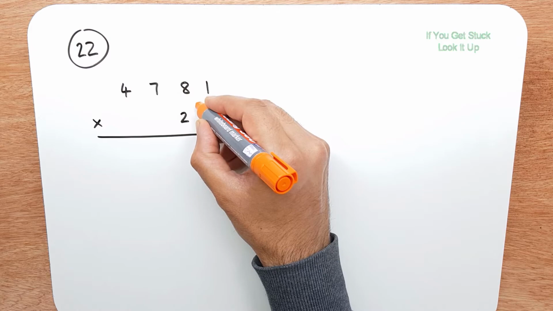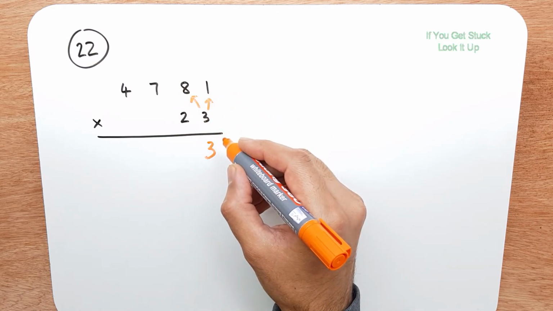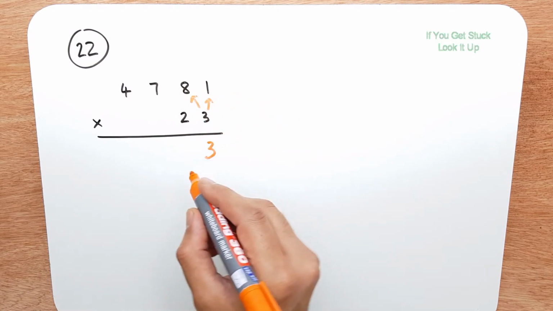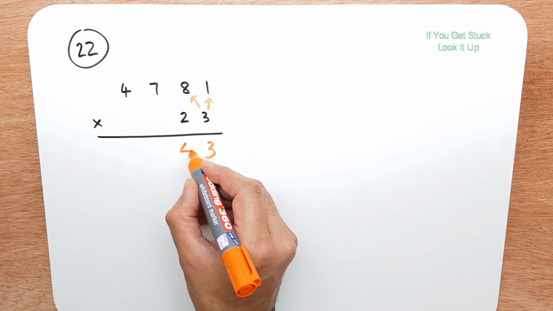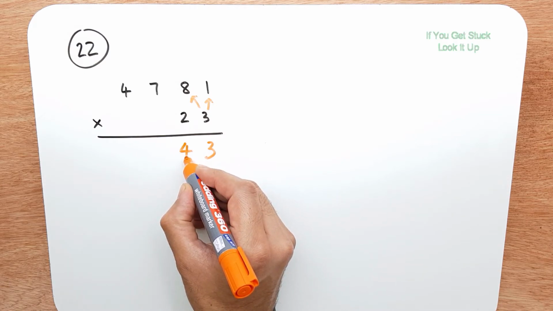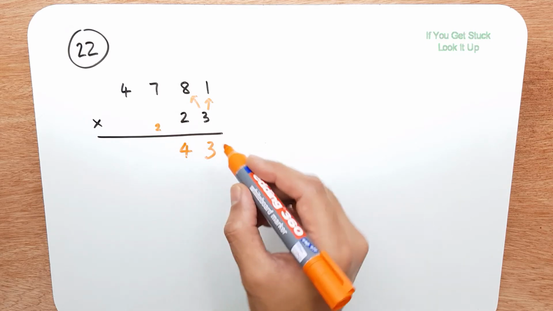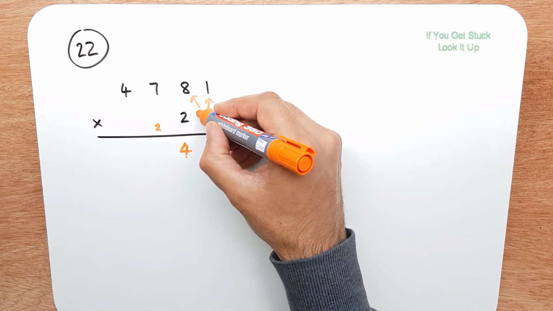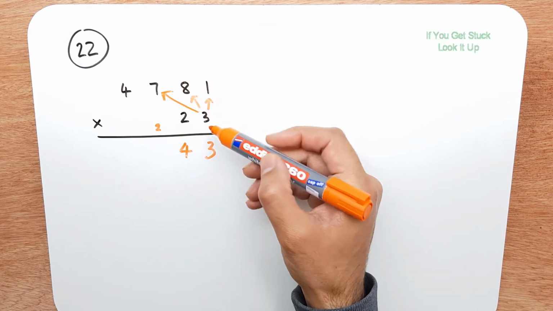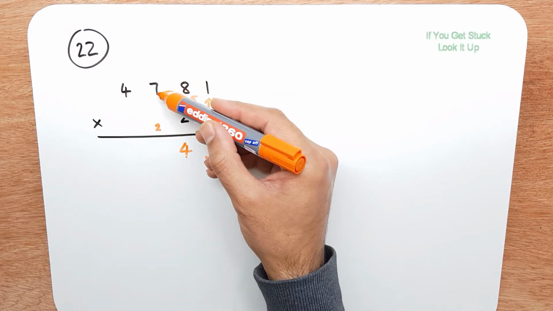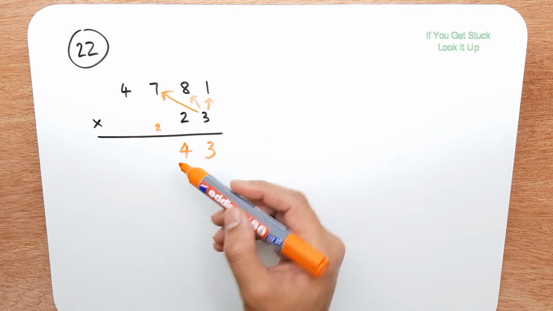And then 3 times 8, which is 24. So we put the 4 down and we carry the 2 over to the next column. Now we do 3 times 7, which is 21.